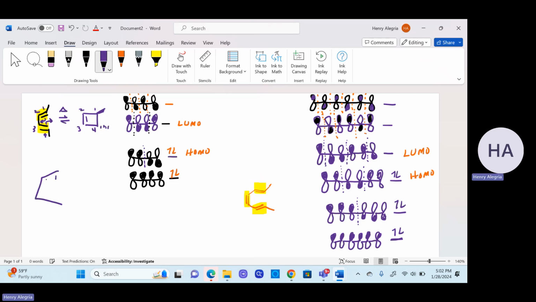So if we say 1, 2, 3, 4, so we can say at number 1, number 2, these are my 2 shaded up. At number 3, number 4, these are my 2 shaded down. Now notice how the methyls are. The methyls are oriented out, going away, out, going away.